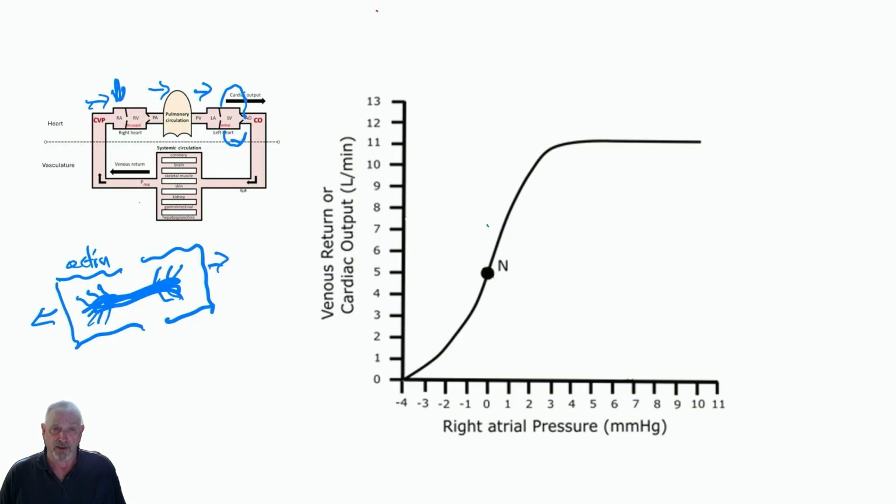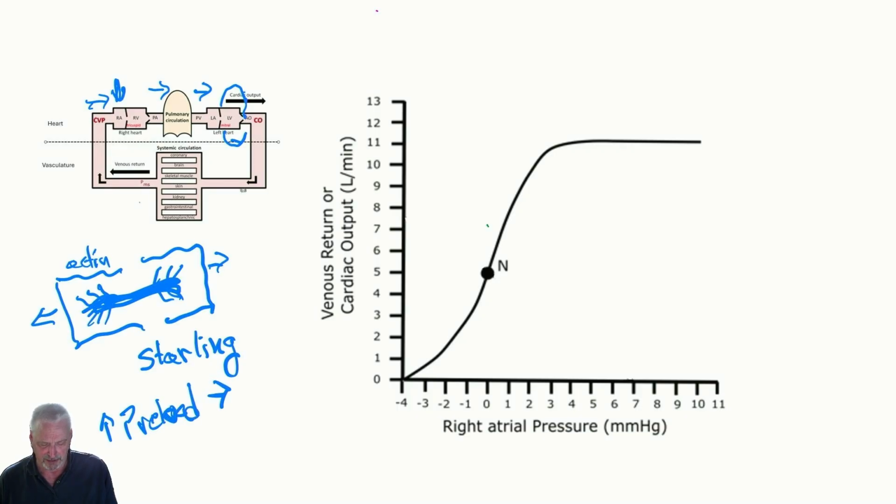So there is a law of the heart called Starling's law of the heart, which we discussed in pressure volume loops, among other places, which tells us that increases in preload go to increases in stroke volume.